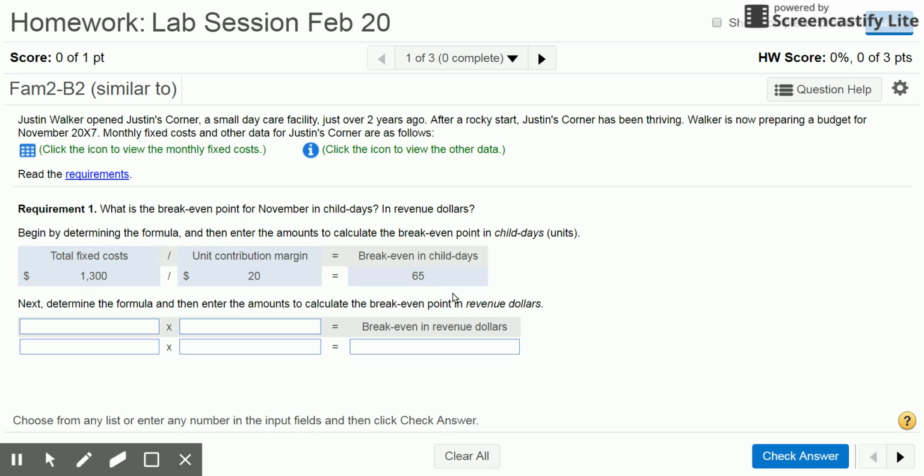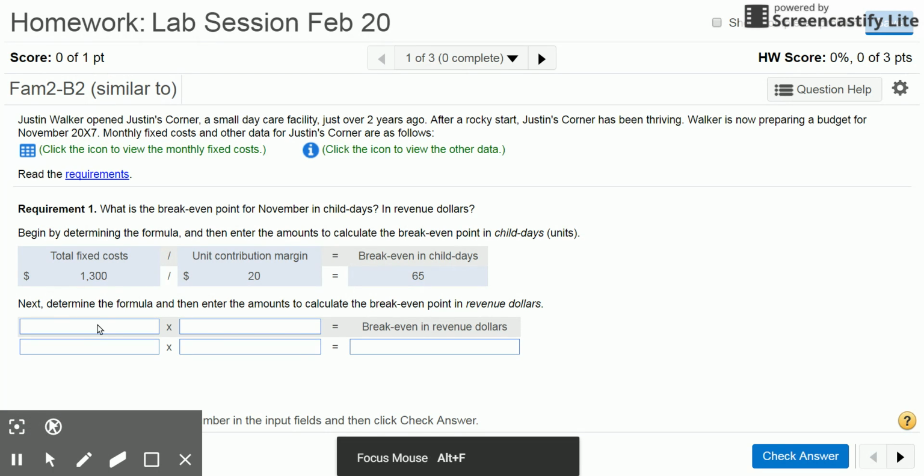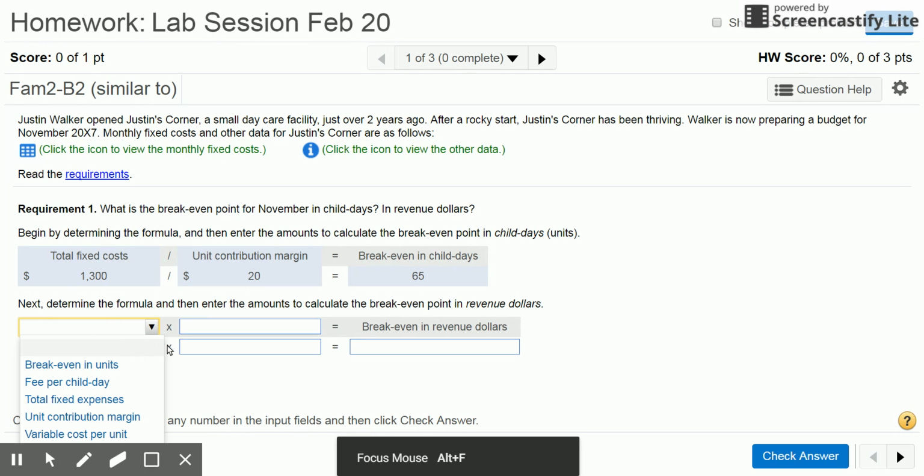Yes. So now for the next part, it asks us to determine this break-even instead of child days in revenue dollars. So the formula for the second part is break-even in units. We know that our break-even happened at 65. So now we want to know how much in revenue dollars it will be.